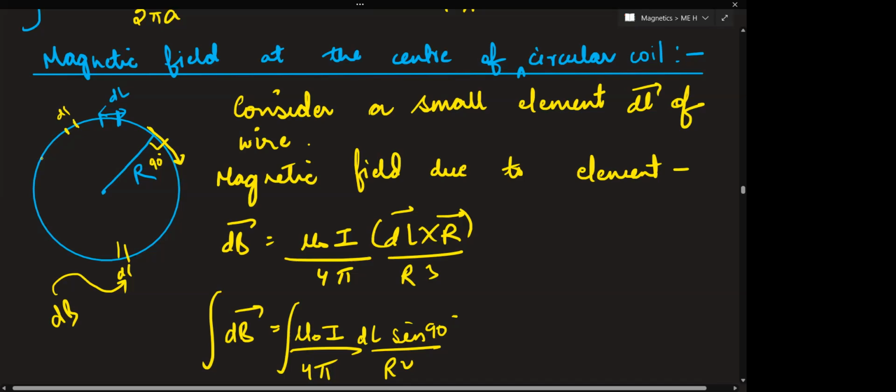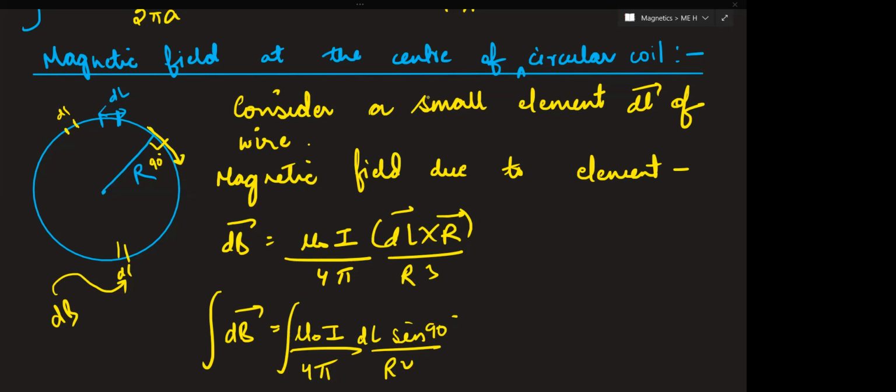If I add all the small dl current elements, what will I get? Yes, right, Madhya, the circumference. And what's the circumference of a circle? 2 pi r, exactly.